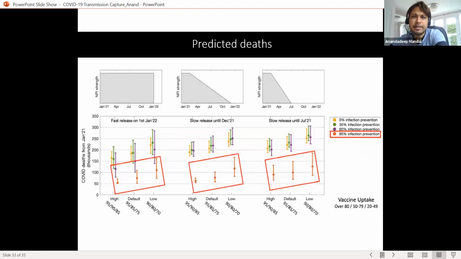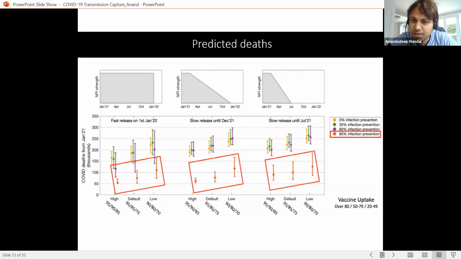And then we had the predicted deaths, and the shaded portion is the NPI strength. The predicted deaths will of course start increasing if you start reducing the lockdowns abruptly or suddenly from April, and you don't go for a gradual one.